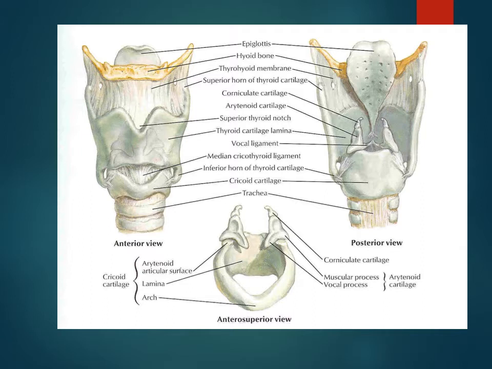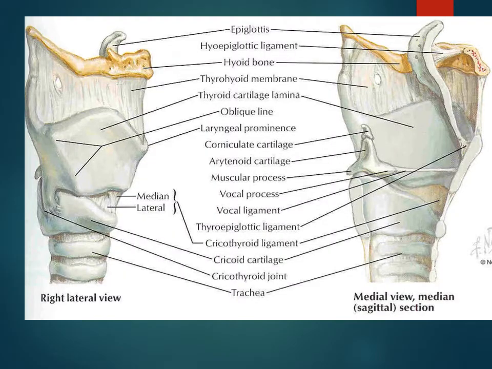From a posterior view, this is the epiglottis, and from a lateral outside view, this is the thyroid cartilage, and this is the cricoid cartilage. This part we refer to as the cricothyroid joint. This is the trachea, and this is the epiglottis.